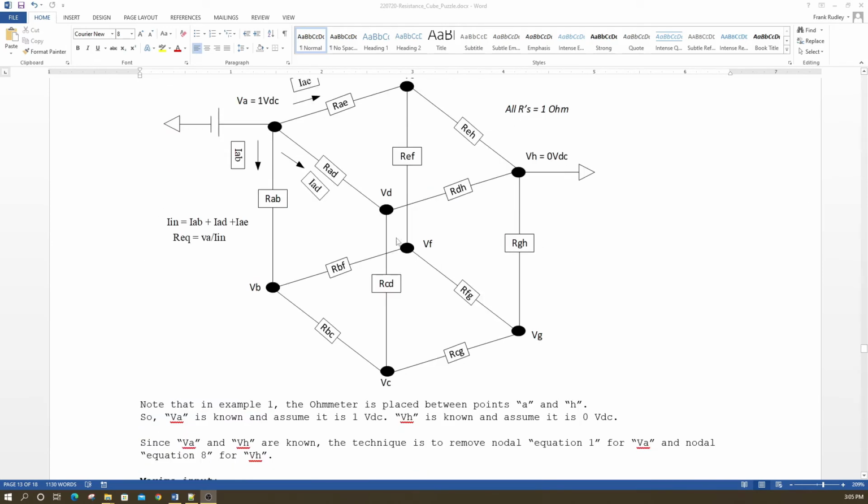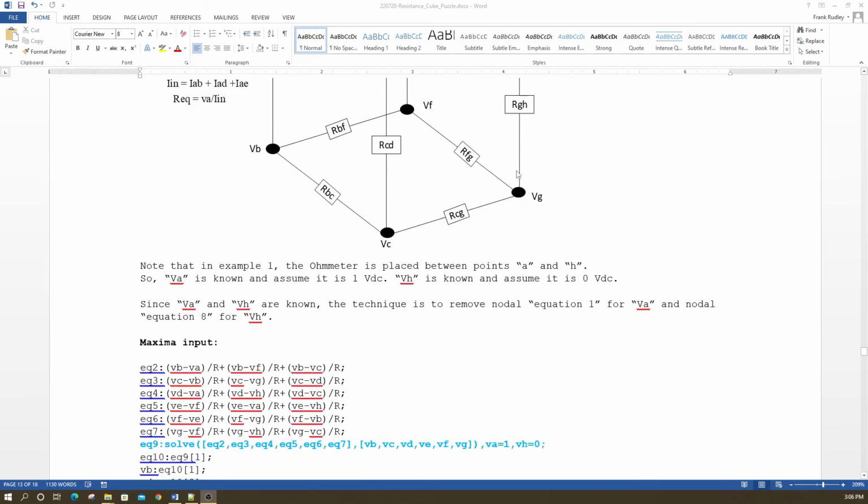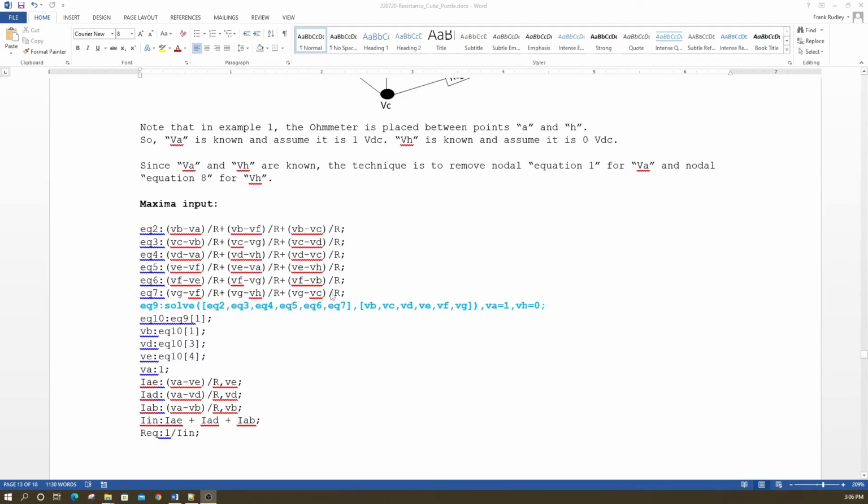Note that on example 1, the ohm meter is placed between points A and H, and VA is known to be 1 volt, and VH is known, that's our ground, which is 0 volts. Since VA and VH are known, the technique is to remove Nodal Equation 1 for VA and Nodal Equation 8 for VH. So anyway, I went in, and you could still put equation 1 and 8 in here, but it's not going to do anything with it.